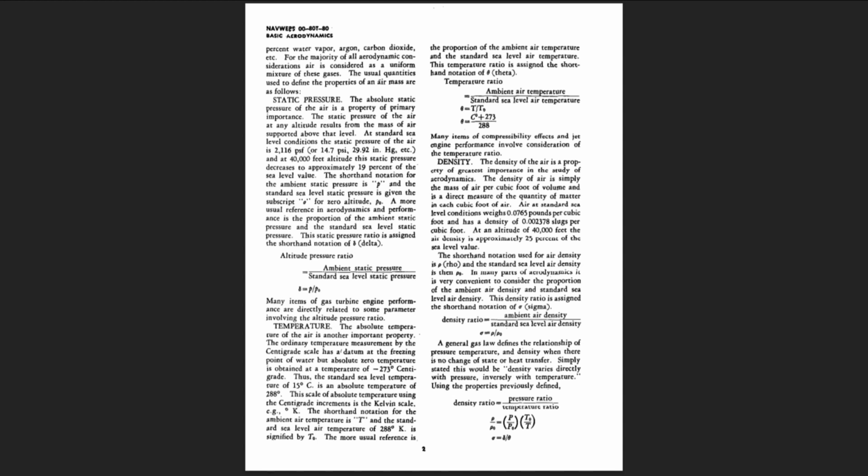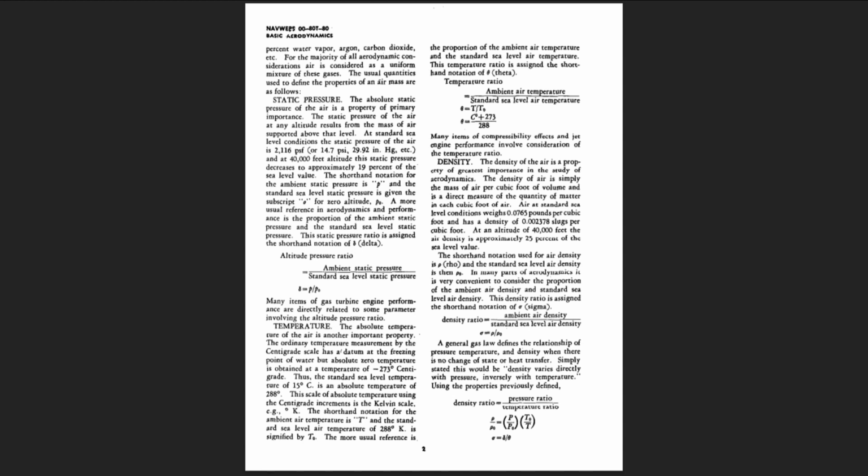Static pressure. The absolute static pressure of the air is a property of primary importance. The static pressure of the air at any altitude results from the mass of air supported above that level. At standard sea level conditions, the static pressure of the air is 2,116 pounds per square foot, or 14.7 psi, 29.92 inches of mercury, etc., and at 40,000 feet altitude, this static pressure decreases to approximately 19% of the sea level value.